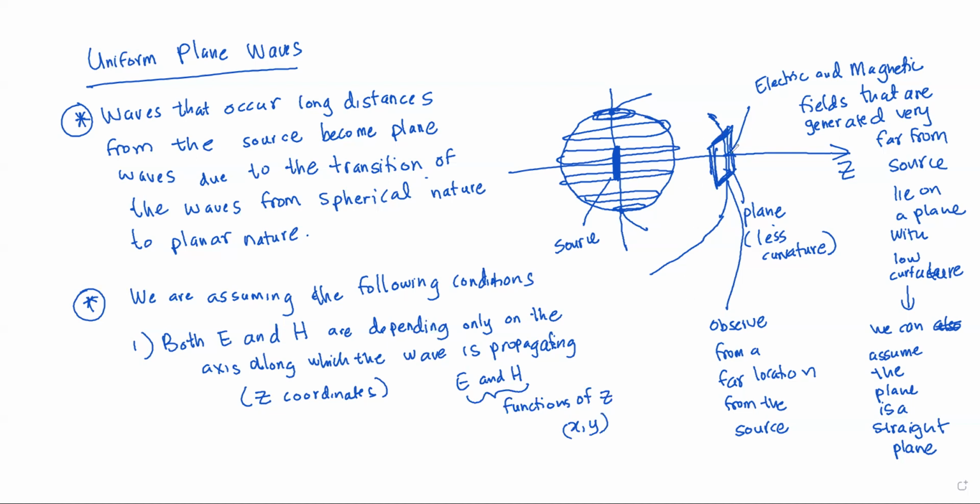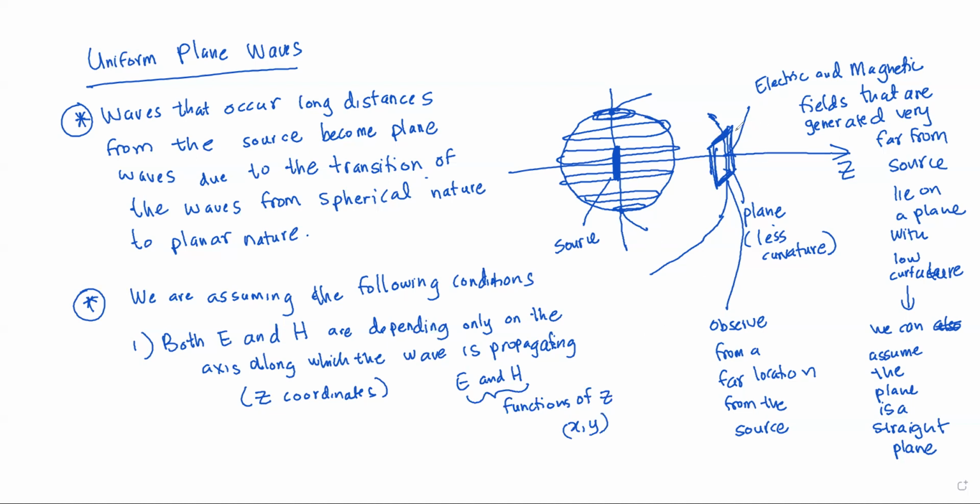At one plane that we consider, the electric field and the magnetic field have a constant amplitude and direction.